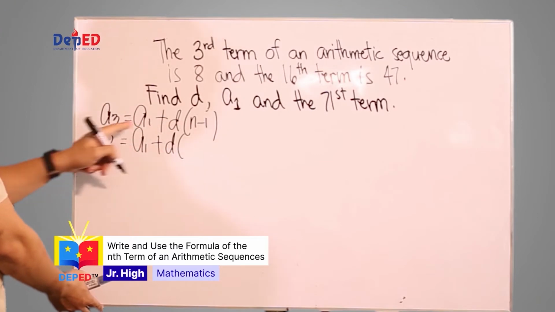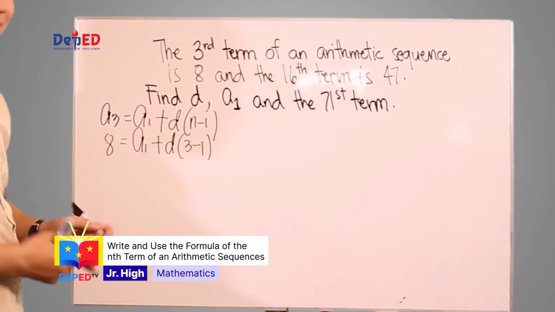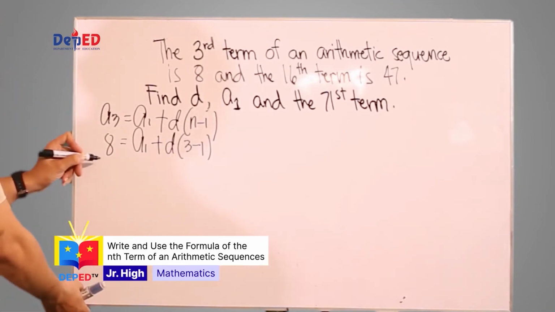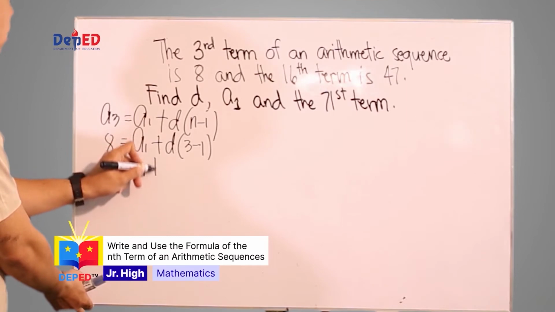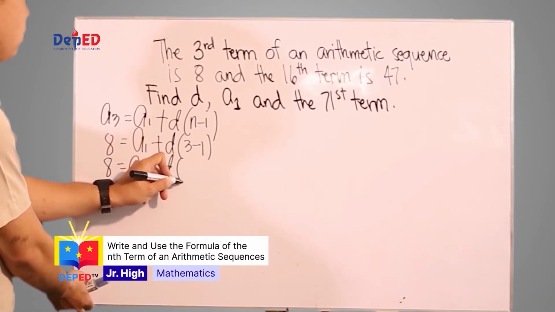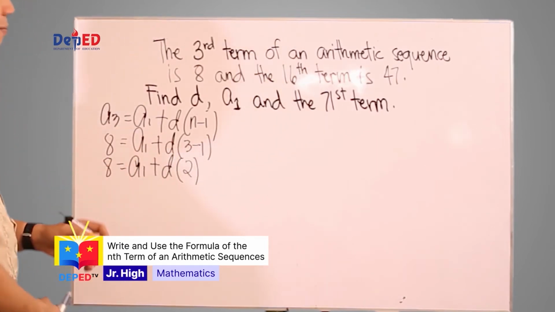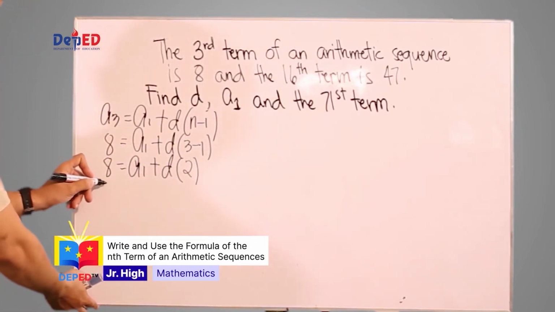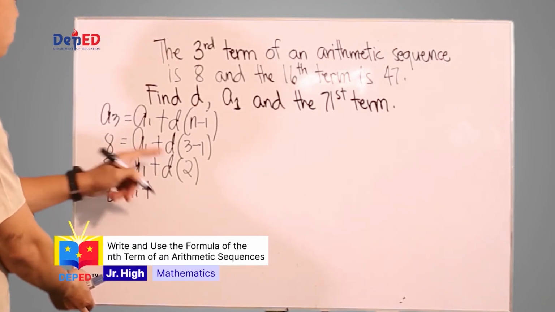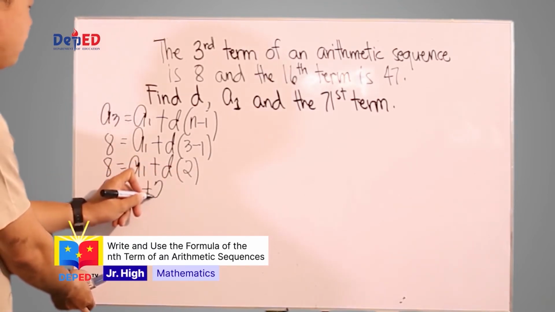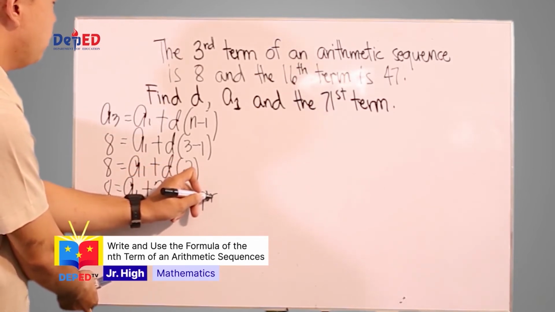For n, we will use 3, so that's 3 minus 1. Next, you have 8 is equal to a sub 1 plus d times 3 minus 1, that's 2. Then, you have 8 is equal to a sub 1 plus 2 times d, that's 2d. This will be our equation 1.